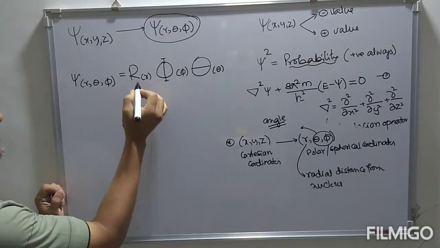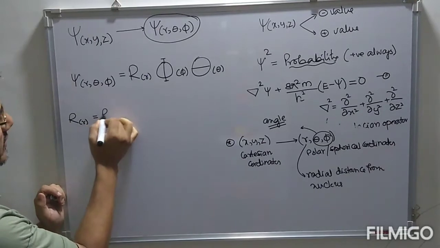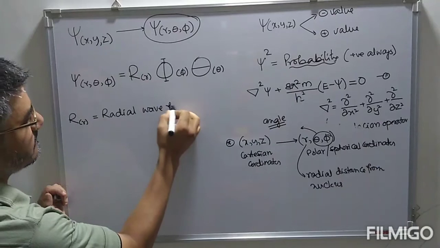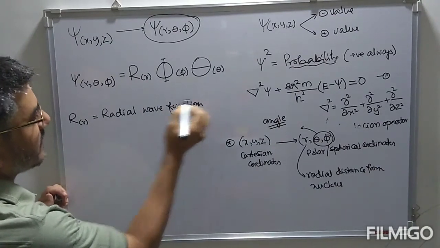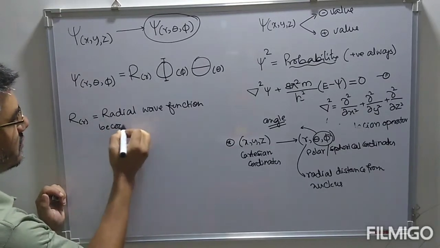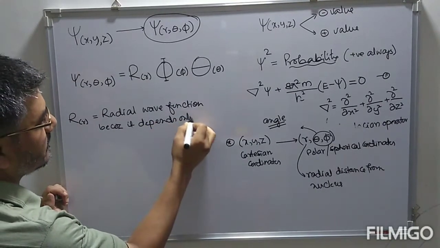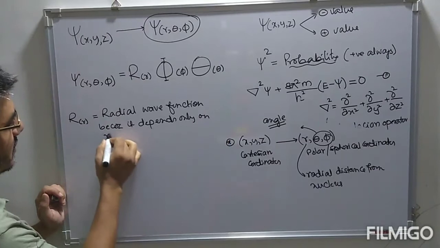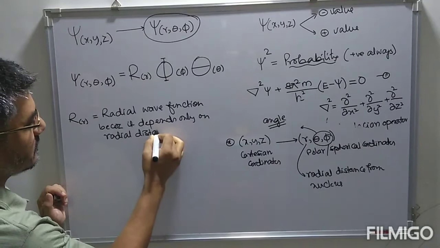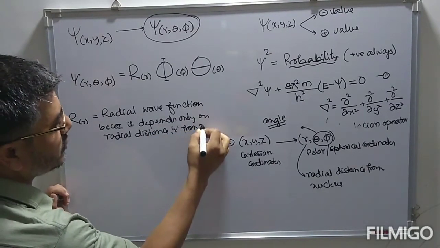The wave function R is known as the radial wave function. Why is this known as the radial wave function? Because it depends only on the radial distance r from the nucleus.